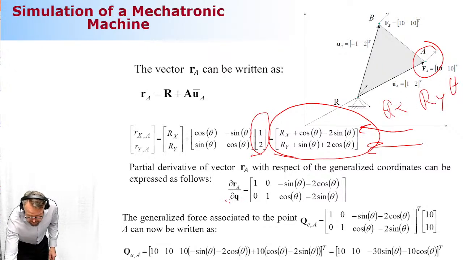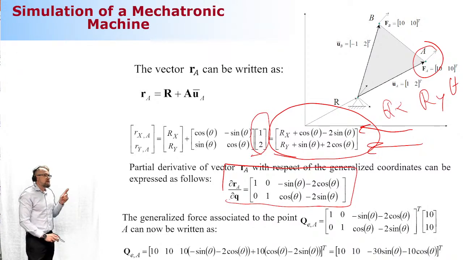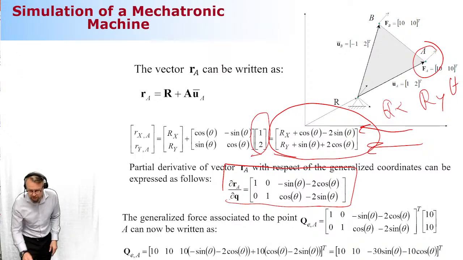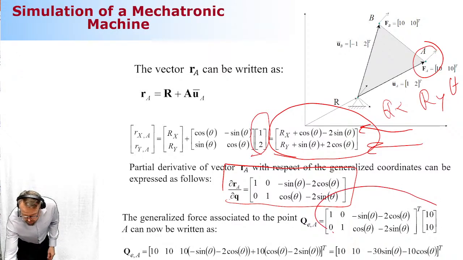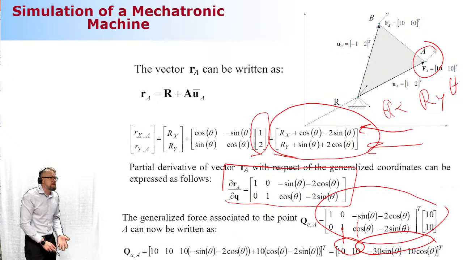That gives me this matrix, two rows, three columns. When I multiply the forces with this matrix, it gives me a vector of three components. So 10, 10 are located here, and the force imposing the moment is expressed as the last component.